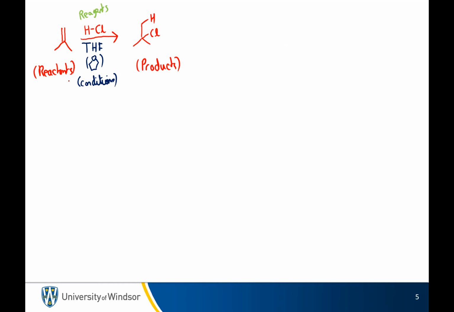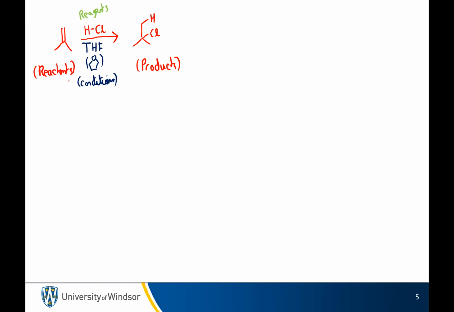Now, reactants and reagents. A reactant is normally defined as something which shows up a lot in a product, like the atoms in the reactant are showing up in a product. But it gets kind of iffy defining reactant and reagent. A reagent is something that helps you turn the reactant into the product. But there's a lot of reagents that are more like reactants and reactants that are more like reagents.